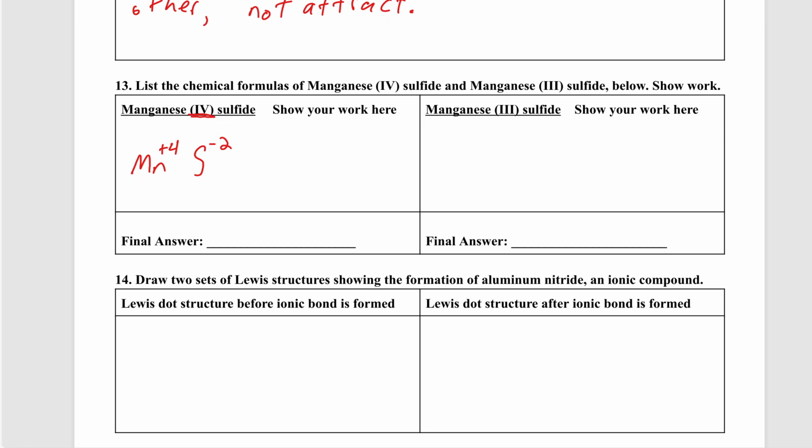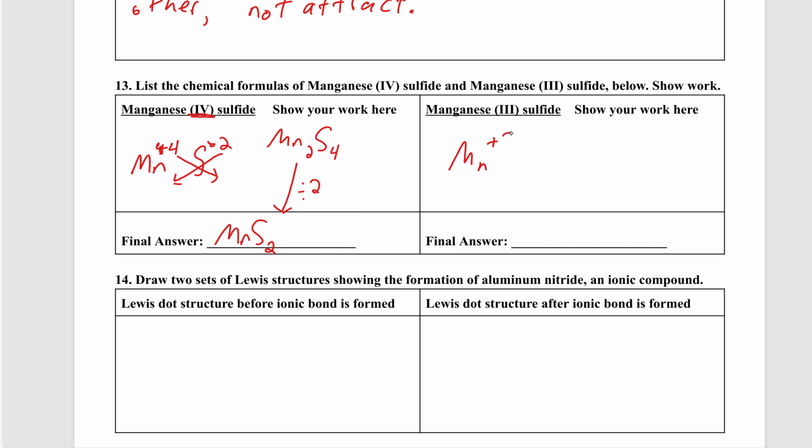So that's gaining 2 electrons. And gaining electrons makes you negative. So get rid of those plus minus symbols. So we get Mn2S4. You must simplify if you can, so you have to divide by 2. You get Mn1, but we don't write the 1, S2.